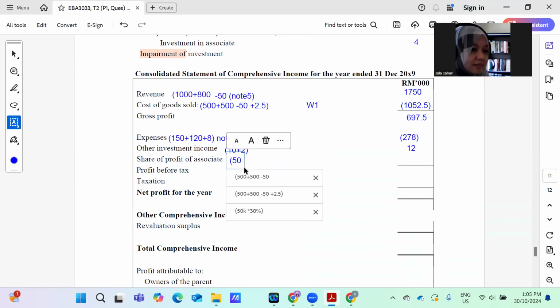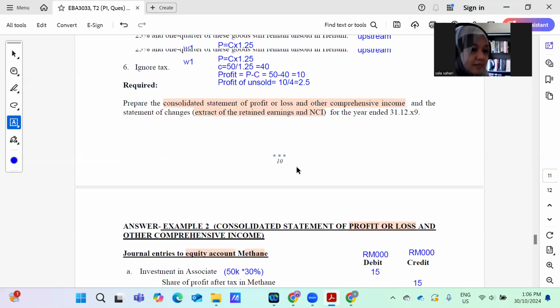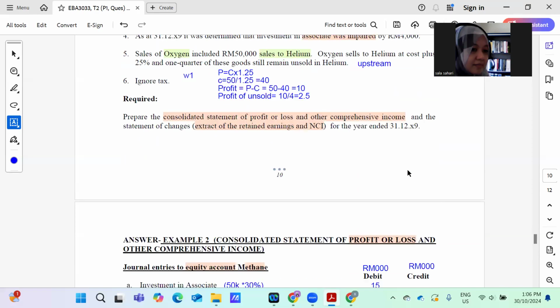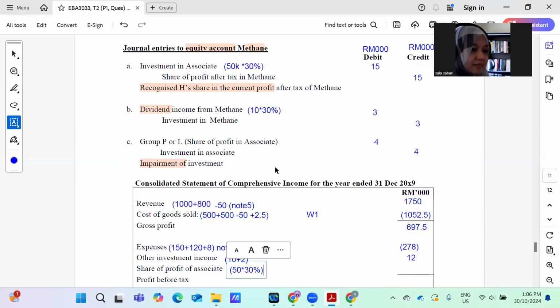But multiply by 30%, the percentage. But you need to minus another one. Note number 4, impairment of associate just now, the 4,000. Or you can double check from the double entry, the journal here. You need to adjust from here.